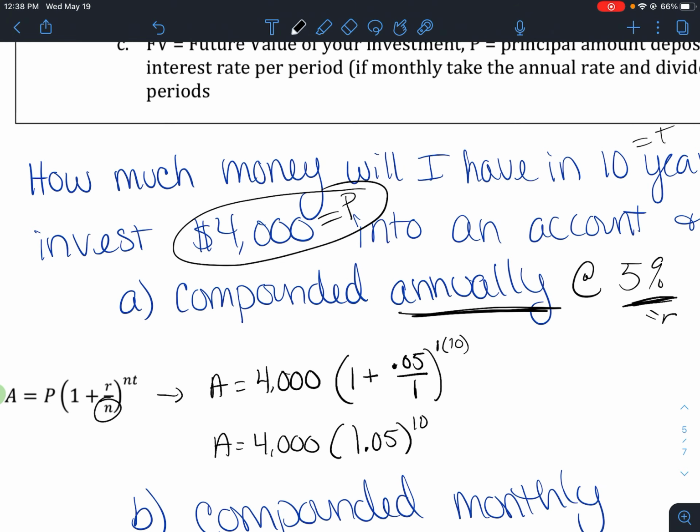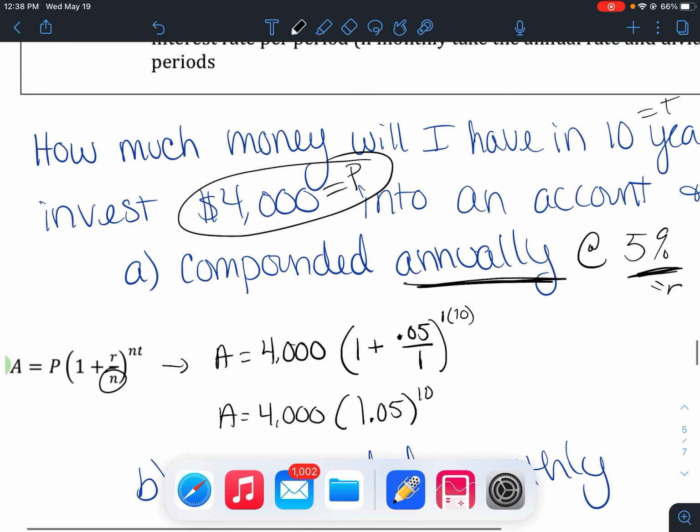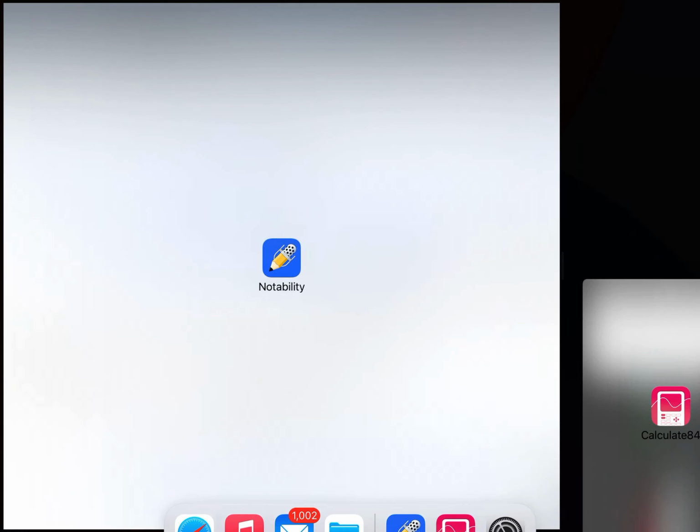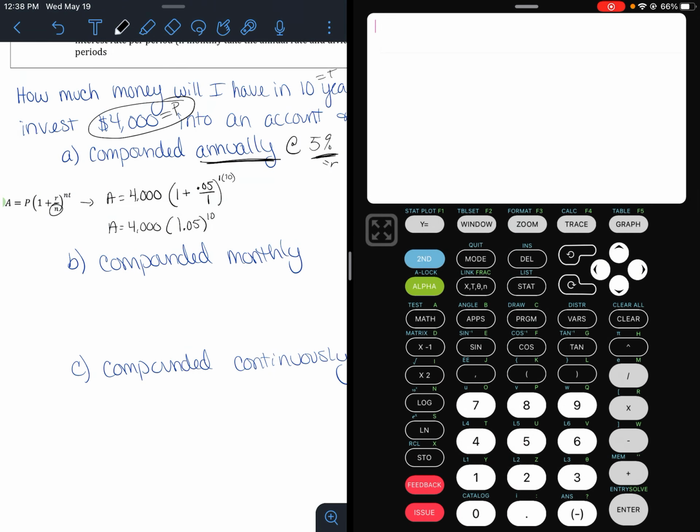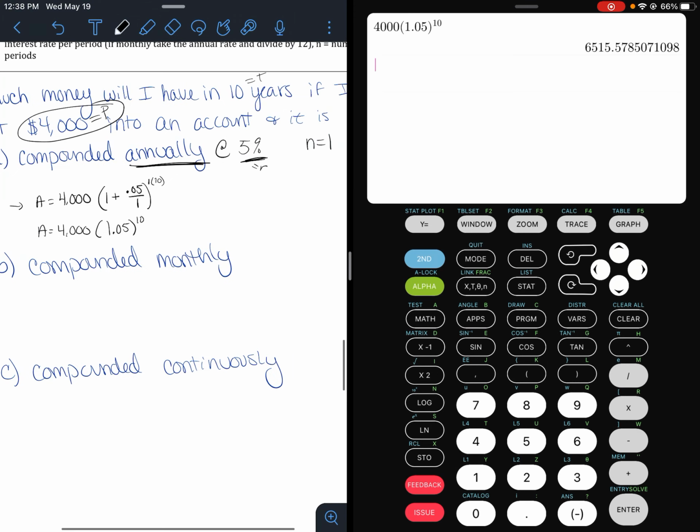I would recommend using that same TI-84 calculator that's on your iPad. We can put this all in at once. So 4,000 times 1.05, use the caret for an exponent, and then to the 10th power gives me 6,515 point, and it's money, so I'm rounding to 2 decimal places, so 0.58.